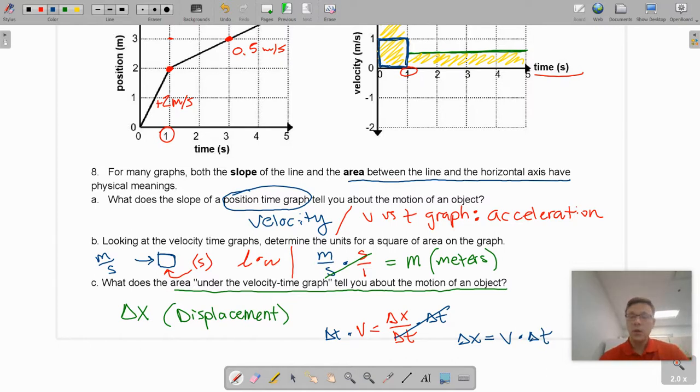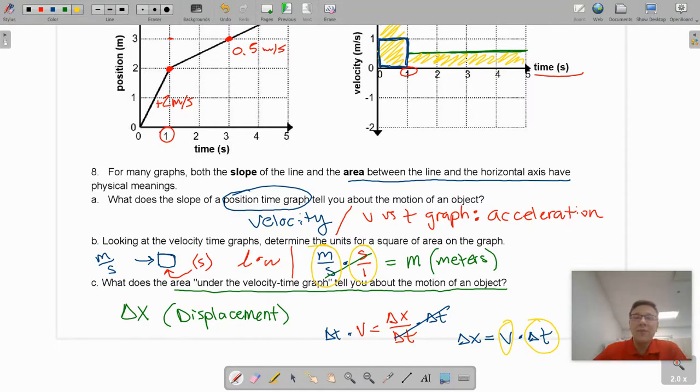What did we just do in question B? We multiplied velocity times time, meters per second times seconds. That is the equation for displacement.